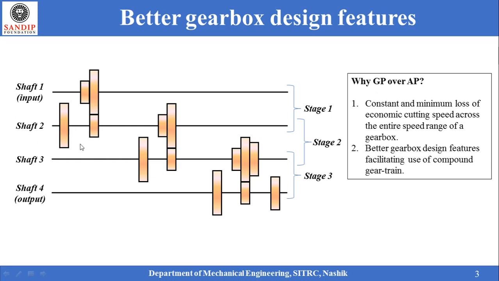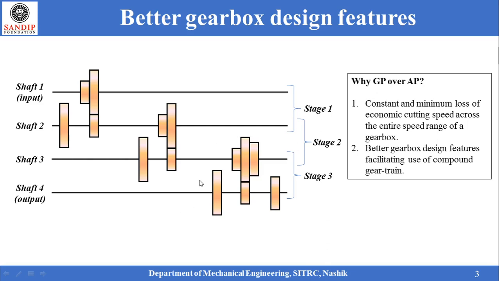Thus, shaft 2 can have two different speeds. For one speed of shaft 2, shaft 3 can have two different speeds depending upon which gear pair is engaged. However, shaft 2 itself can have two different speeds. Thus, shaft 3 can have 2 into 2, 4 different speeds. Now please remember this value.